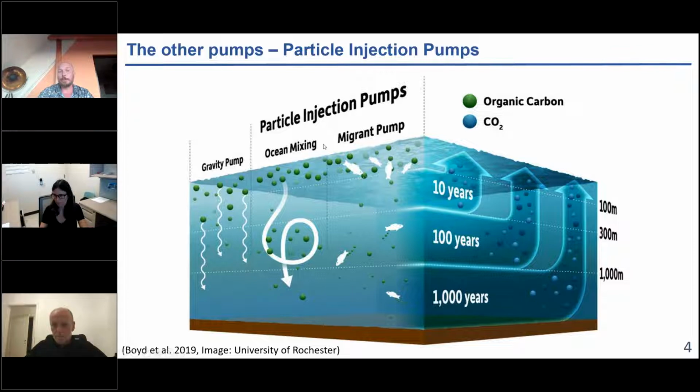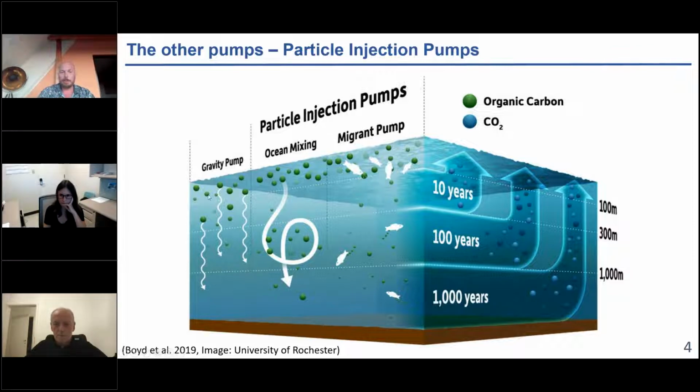And then also the migrant pumps has received a lot more attention recently, where we have seasonal migration in the Arctic Ocean, where copepods with a lot of lipids swim down and respire lipids during the polar night or during winter. And also the daily migration of zooplankton, which Javier is working a lot with, and Santiago also.